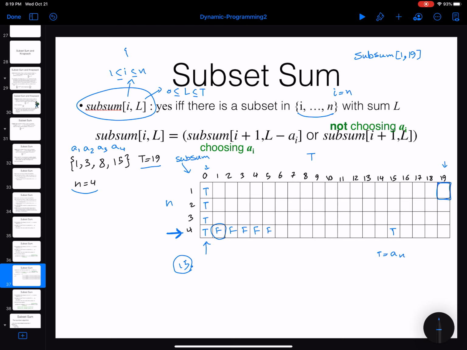If, for example, the last item was something like 22, and your target is 15, all of them will be false. In this case, the last item is 15, which is smaller than 19. So one of them is going to be true. The rest of them are all going to be false.